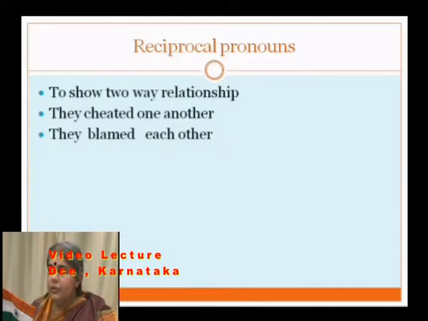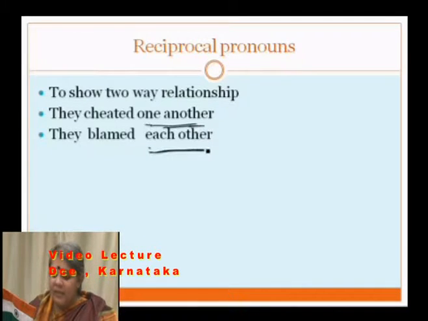The second division of pronouns is reciprocal. What is the meaning of reciprocal pronoun? Reciprocal pronouns are used to show a two-way relationship, as in, they cheated one another. It's a two-way relationship. Both of them cheated one another. They blamed each other.